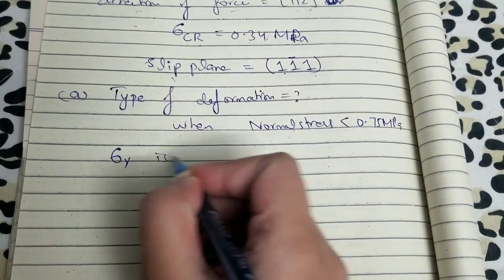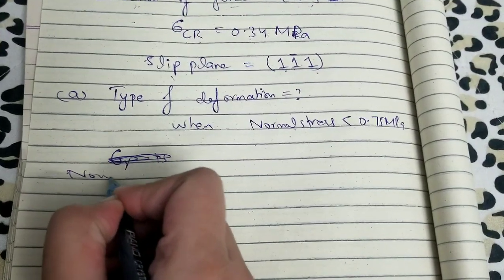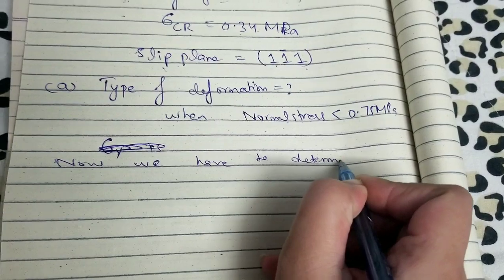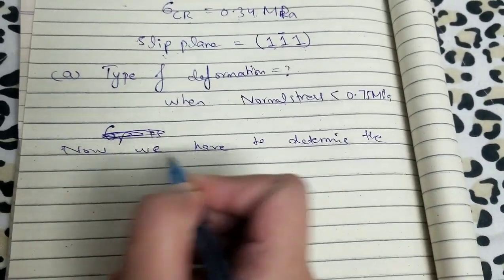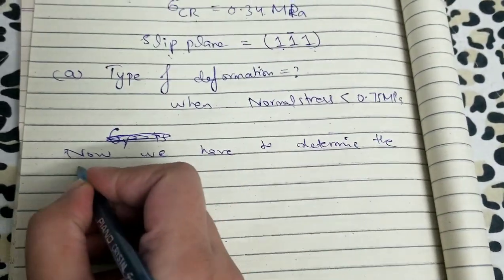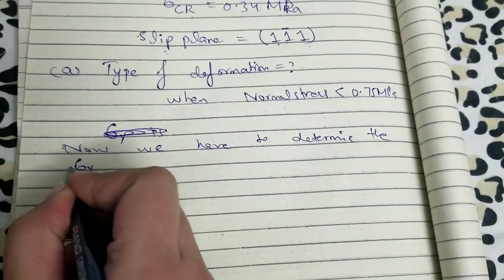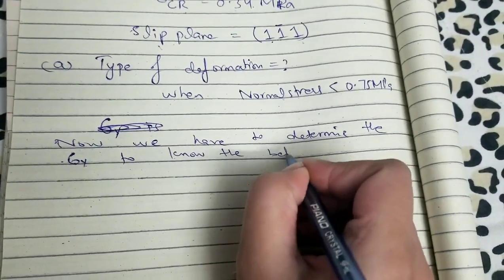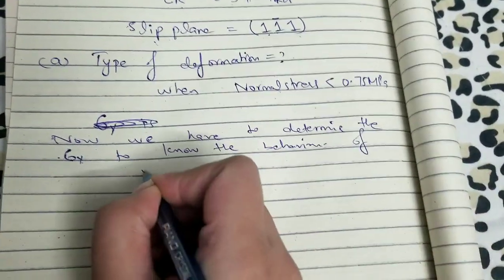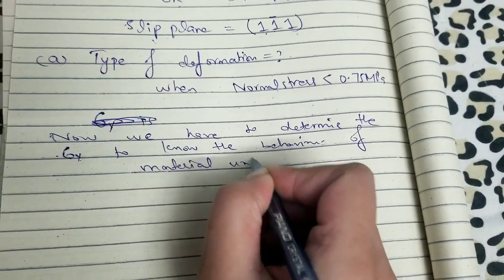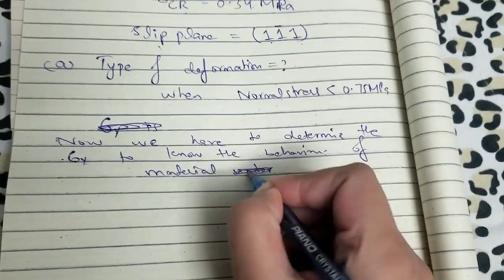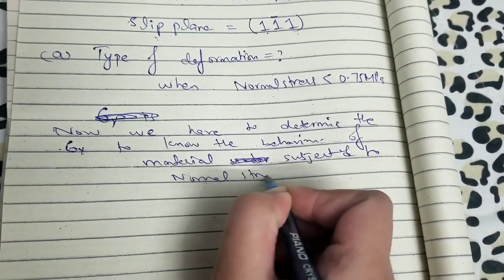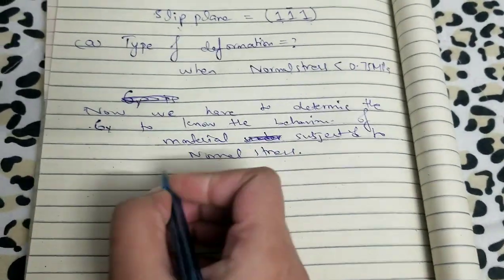We have to determine the critical normal stress, denoted by sigma y, to know the behavior of the material when subjected to normal stress.